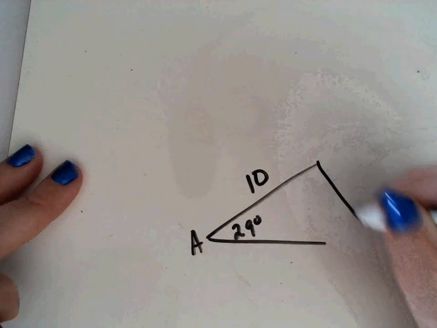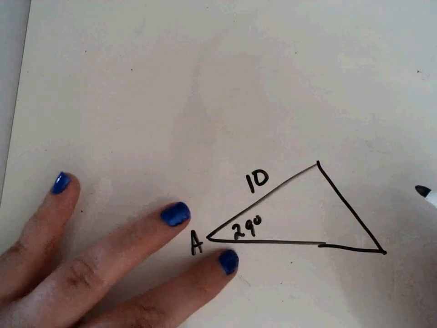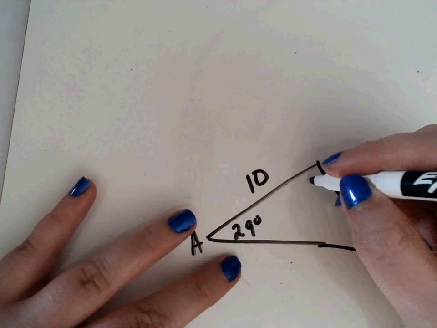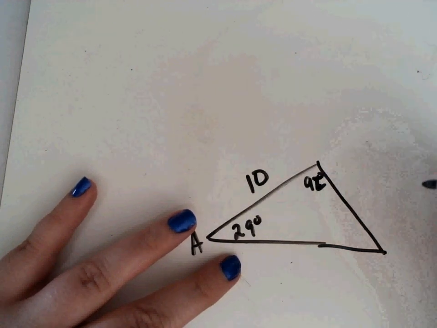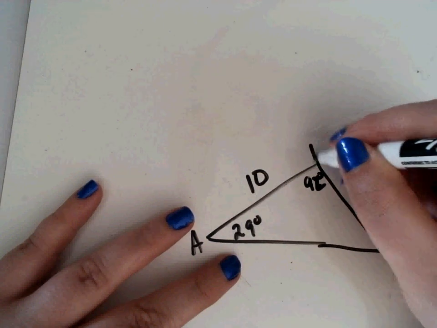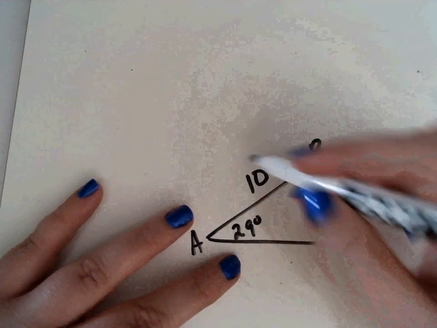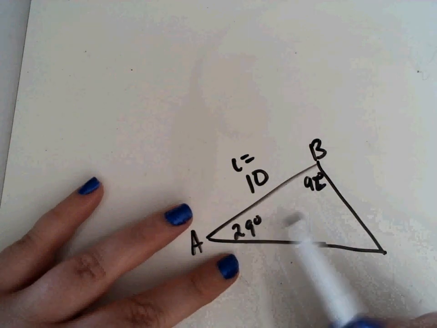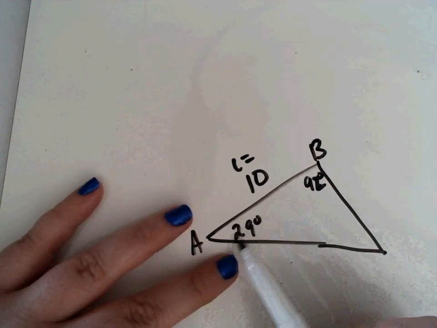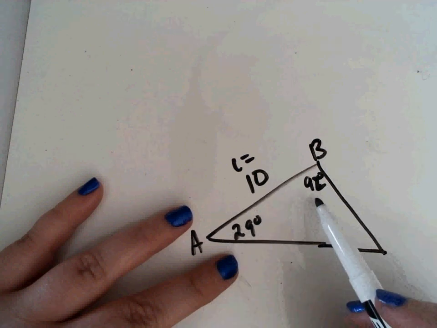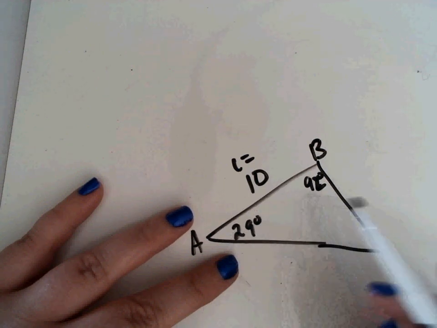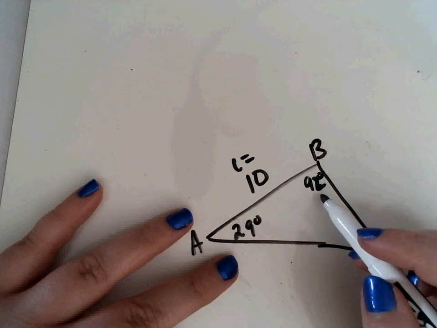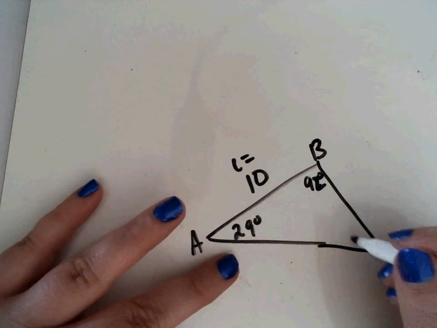Okay. So if I tell you this angle is 29, and then I tell you this angle is, let's go 92, right? And this angle is B. And so this is side C. And so then this would be what? 92 plus 29, so it's 121.